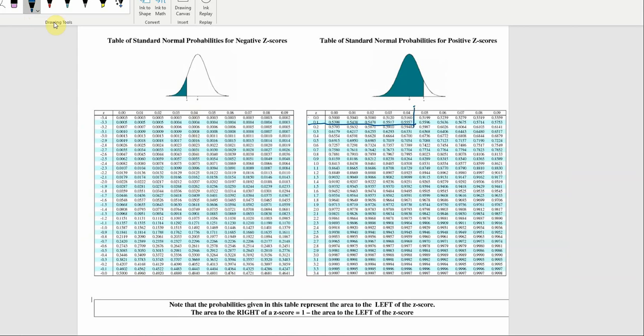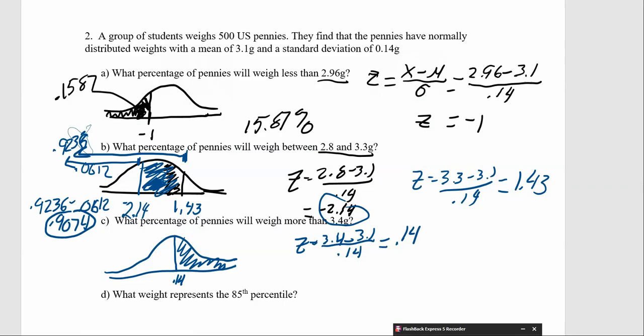So that's going to give me 0.5557. So we have to go back here. Okay, except it's not 0.14, it is 2.14.